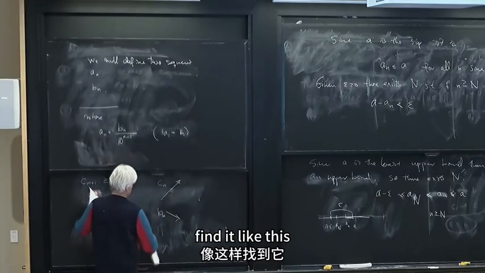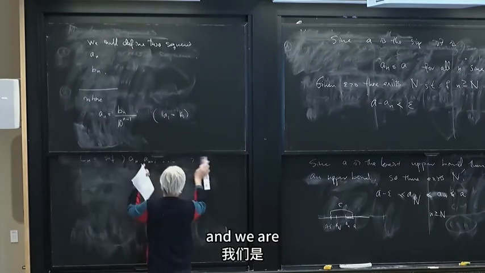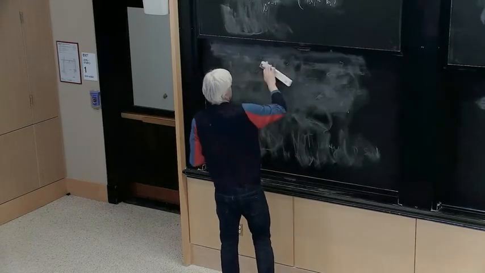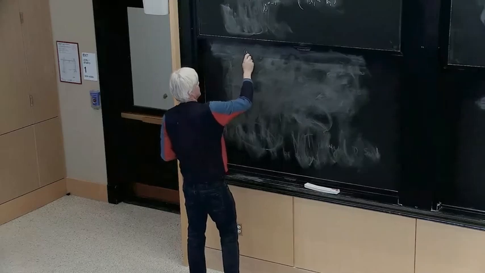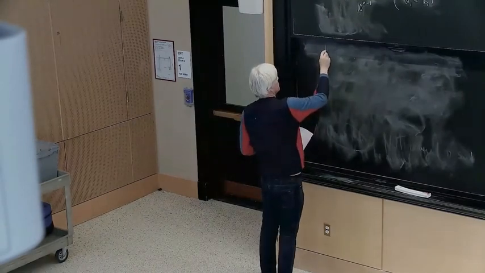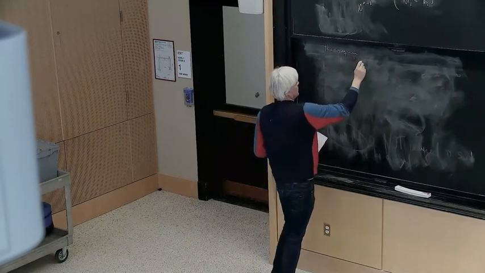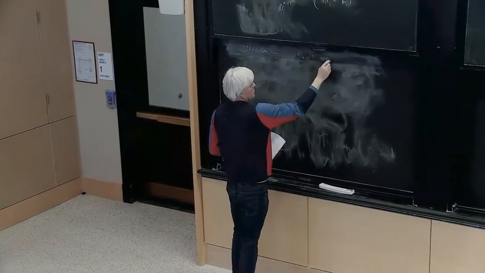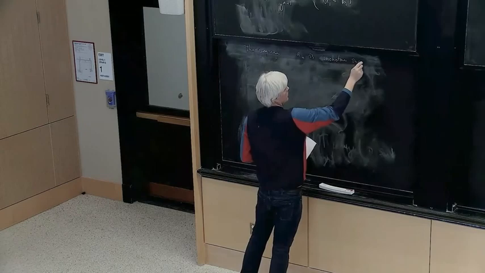And we're going to define it like this. There will be some properties here: the sequence AN is monotone increasing.